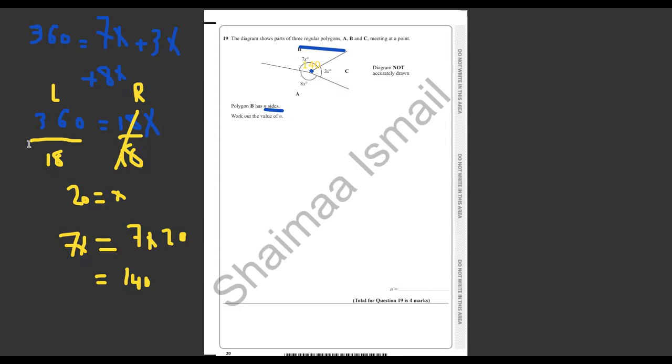And here we have to apply the rule: n minus 2, multiplied by 180, divided by n, will equal the 7x, as we already got it, which is equal to 140.